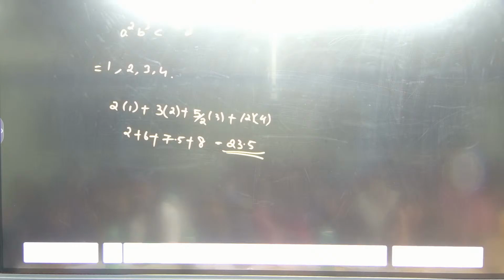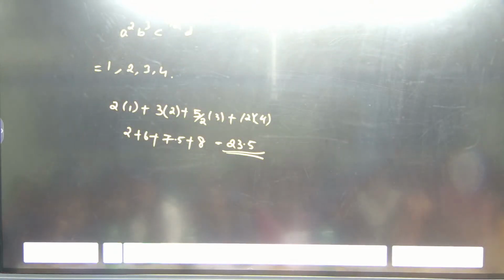Third one, trailing zeros, trailing in the sense like at the end, okay. Trailing zeros after decimal places are significant. Repeat: trailing zeros after decimal places are significant.